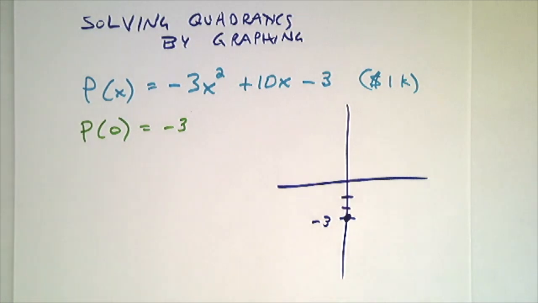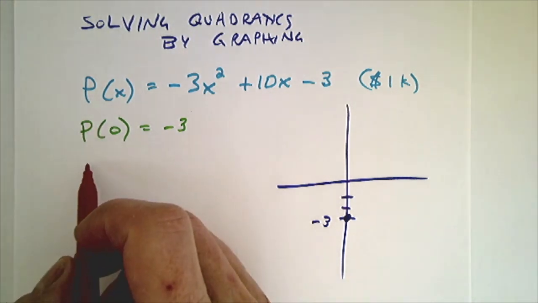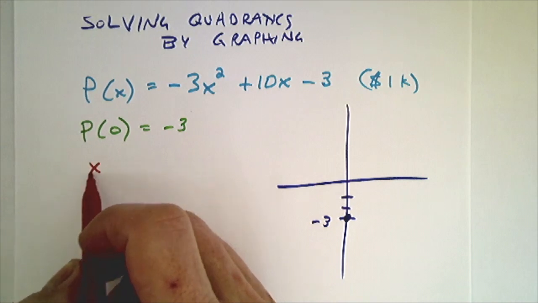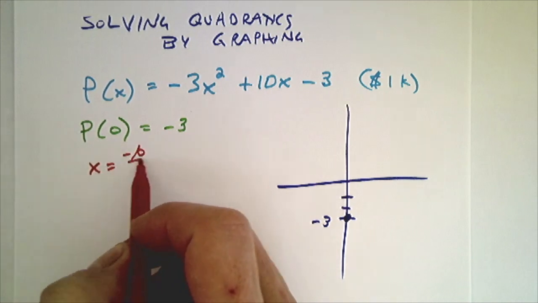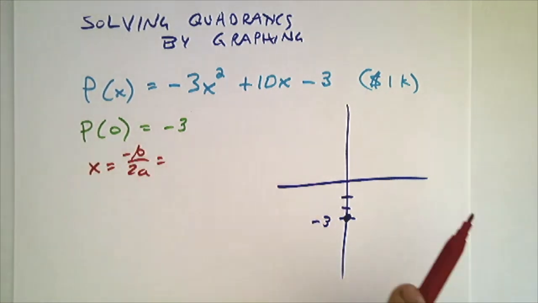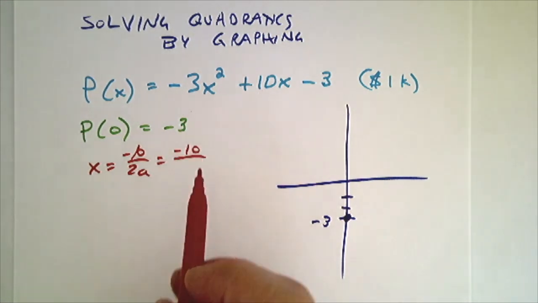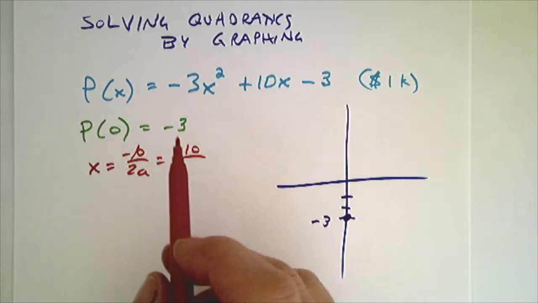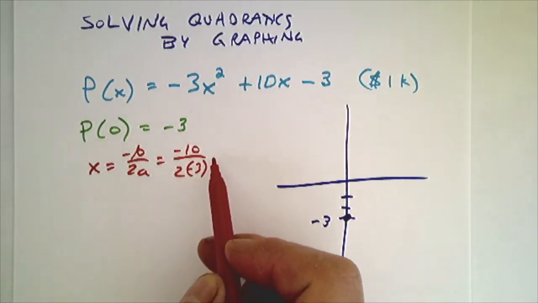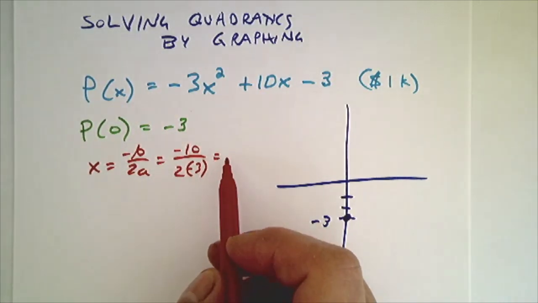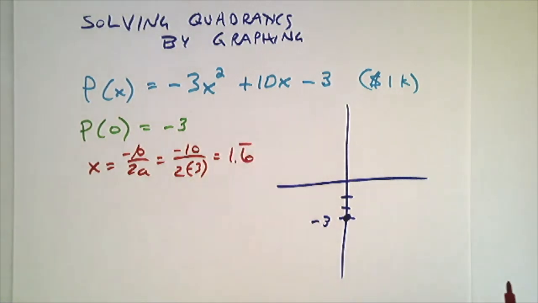So the next critical piece we would do is, let's go with the axis of symmetry. The equation for the axis of symmetry is x equals -b over 2a, and our b coefficient is 10. So -10 over 2 times -3, and that works out to be 1.6 repeating.